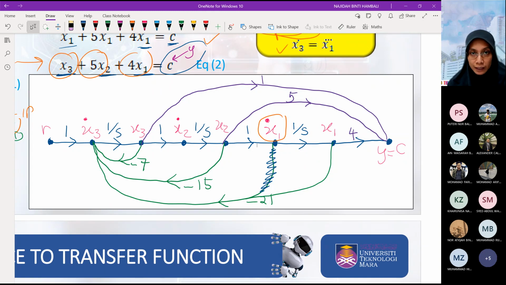Next, to the left of X1 dot, you must put X2. To the left of X2, you must put X2 dot. To the left of X2 dot, you must put X3. To the left of X3, you must put X3 dot, which is next to the input.